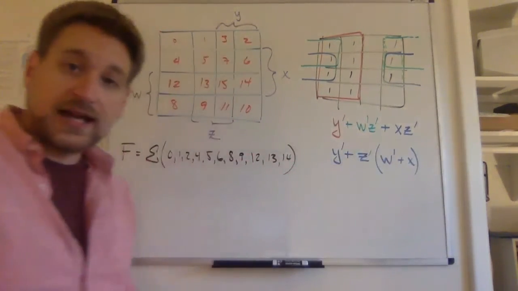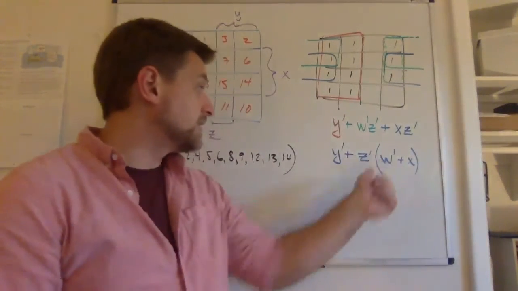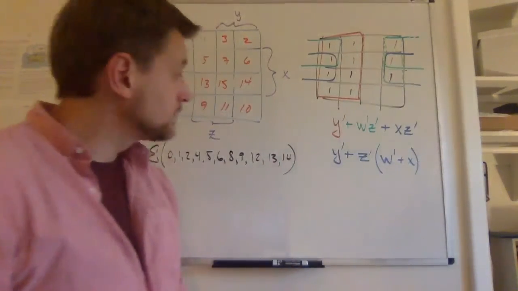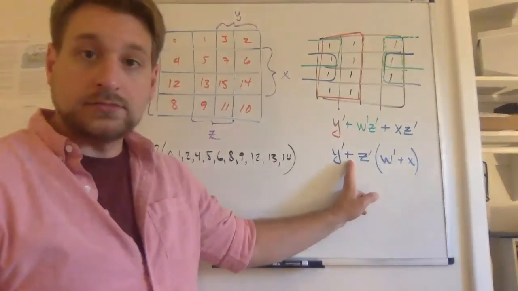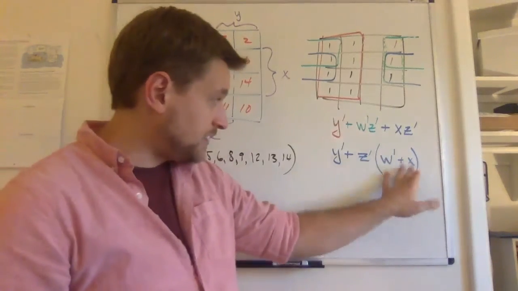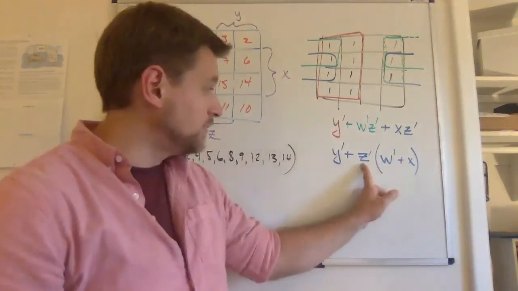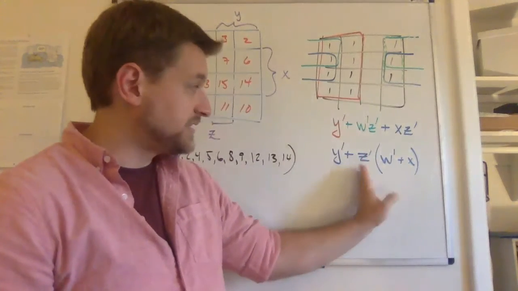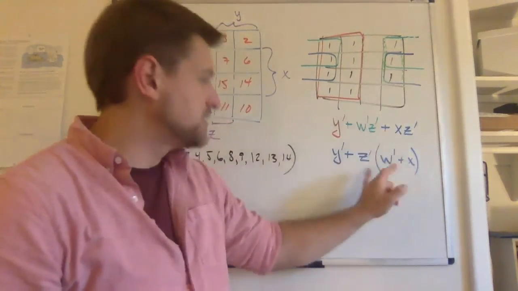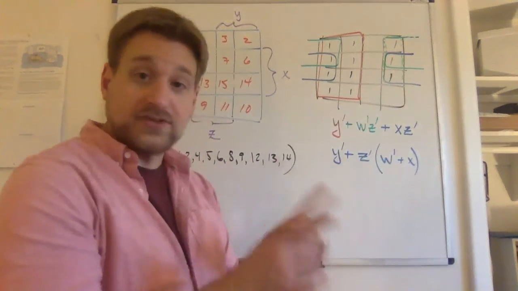If we only had 2-input gates available, this would be better because we don't need the 3-input OR. There's only one OR, an OR with 2 inputs. That expression in parentheses goes into an AND gate with Z complement, but that's only 2 inputs to that AND gate. And then that result gets ORed with Y complement.